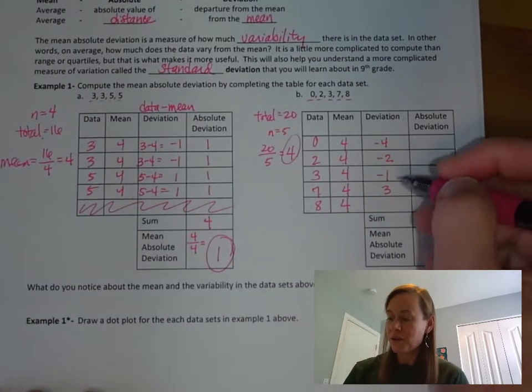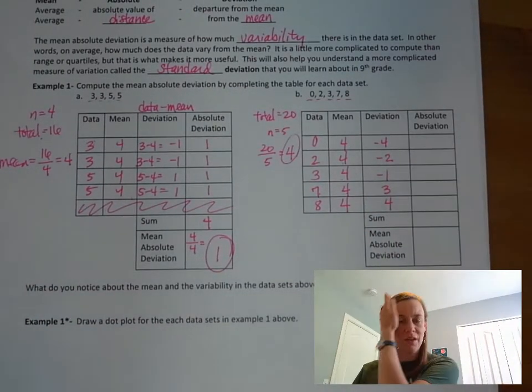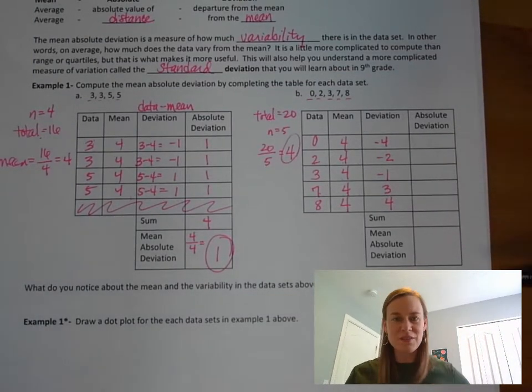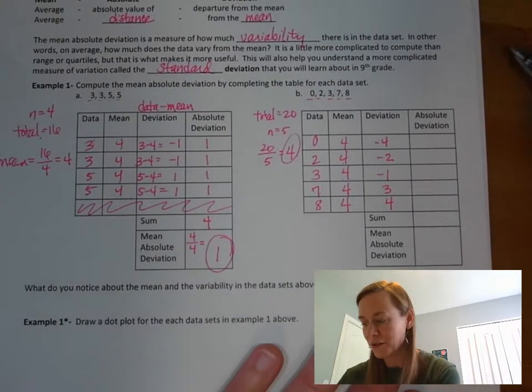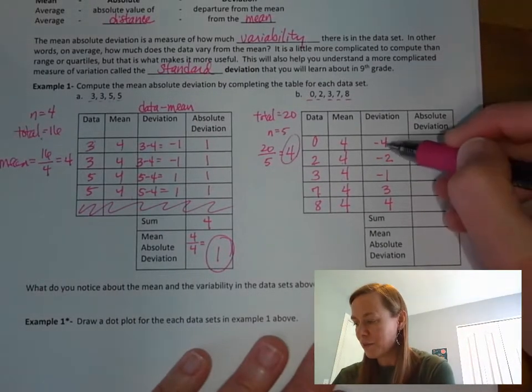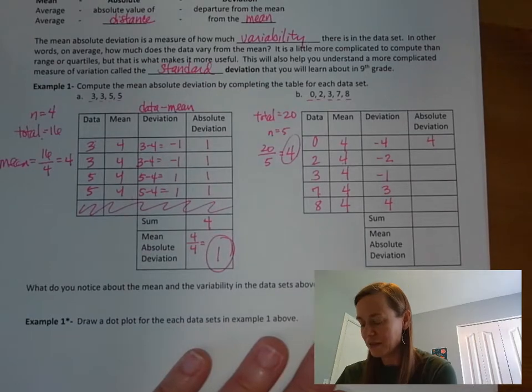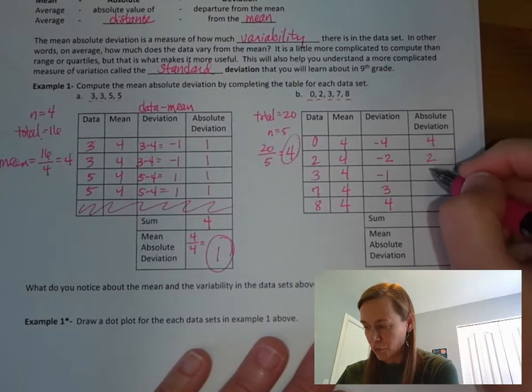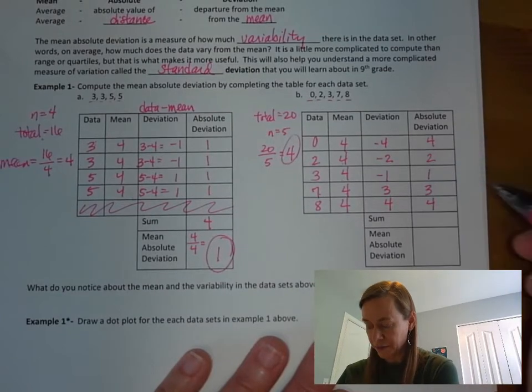And 8 minus 4 is a positive 4. Okay. For the absolute deviation, we're just going to make everything positive because we're taking absolute value here. We're figuring out the distance from 0. So positive version of that is going to be this. Positive version of that is going to be 2. Positive version of that is going to be 1, and then just 3 and 4.